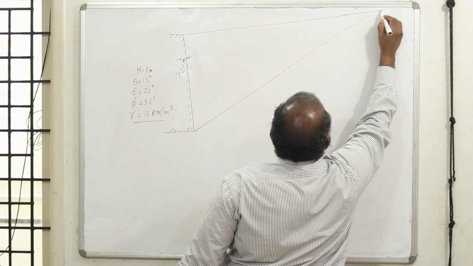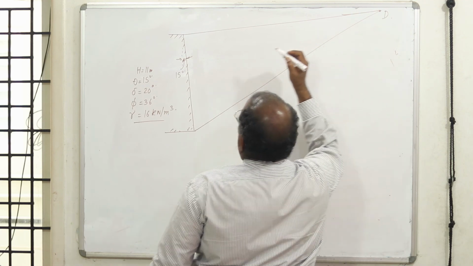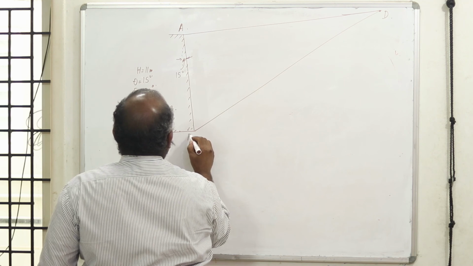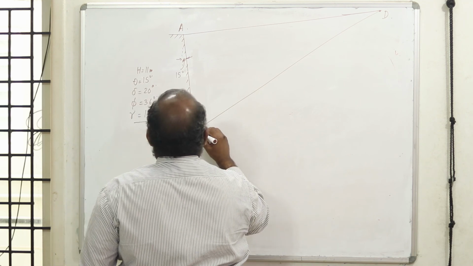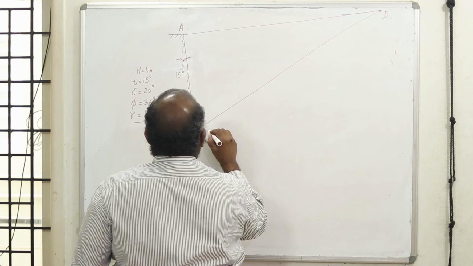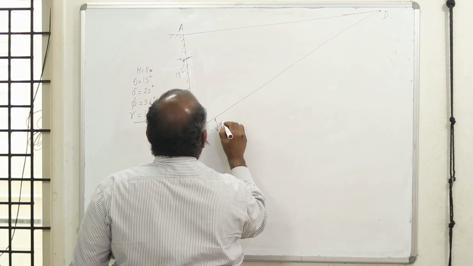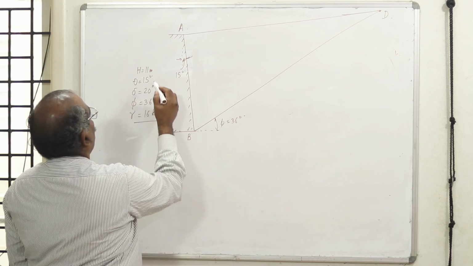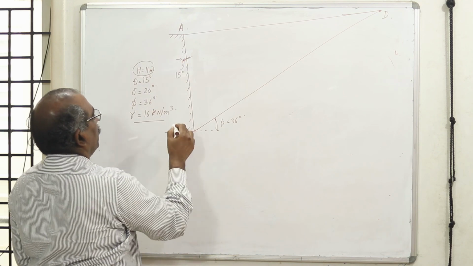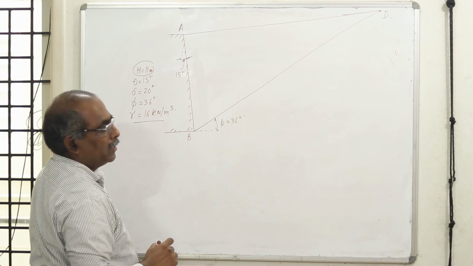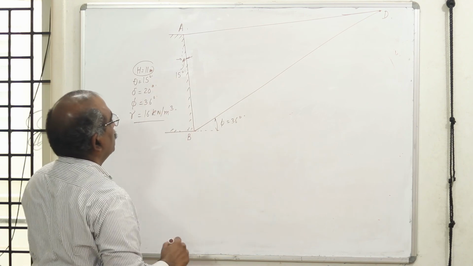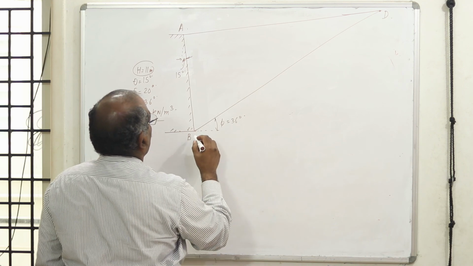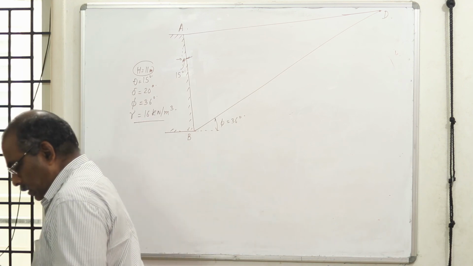Wherever they meet, we get D. We call this as A. This is B. Then I need to measure. You can take 1:200 so that it becomes 5.5 centimeter, each centimeter representing 2 meters. Then if you can accommodate maximum meters, then you draw a psi line at an angle.